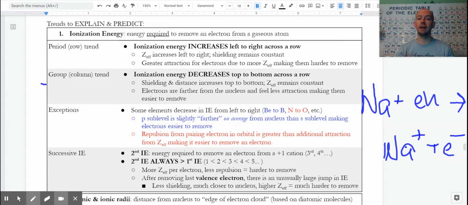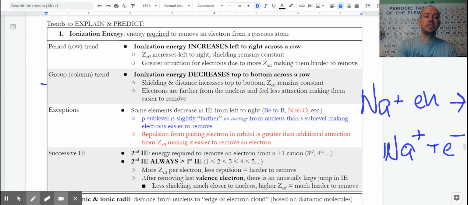We do have more Zeff, but that additional Zeff with the same shielding is accompanied by extra repulsion. So it does become slightly easier. The greater Zeff is a greater attraction, but the repulsion in that instance is enough that it makes a difference.